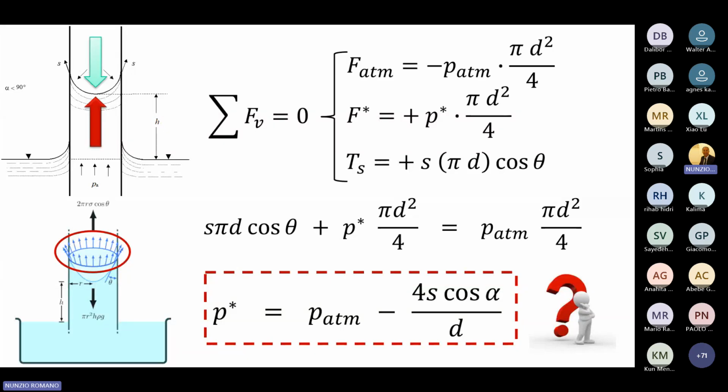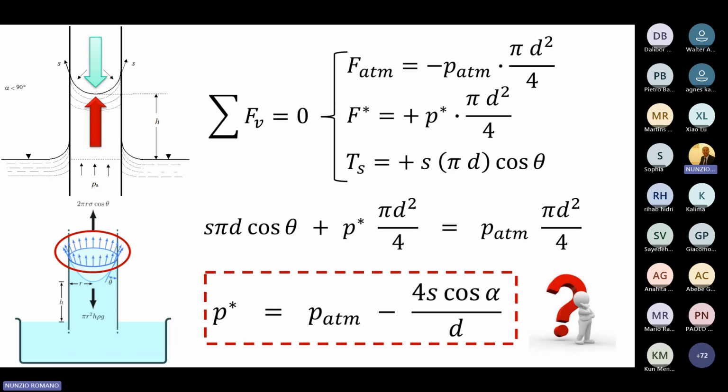Why? Because the 4 is a number, it is positive. S is surface tension, a property, and is positive. The cosine varies from 0 to 1, so it's positive. And D, the diameter, is positive. So the entire ratio on the right is positive, but there is a negative sign.